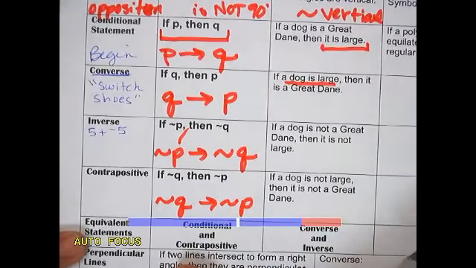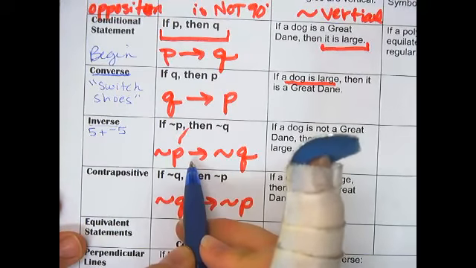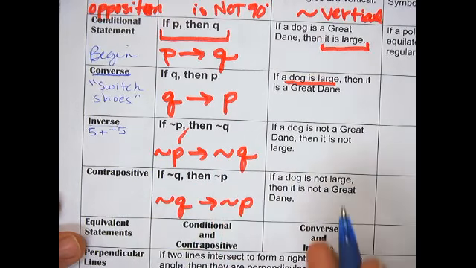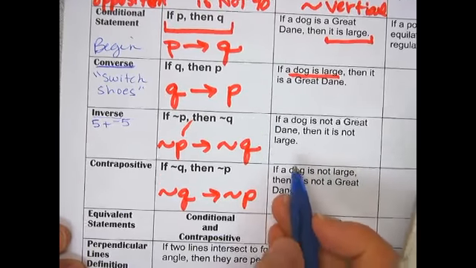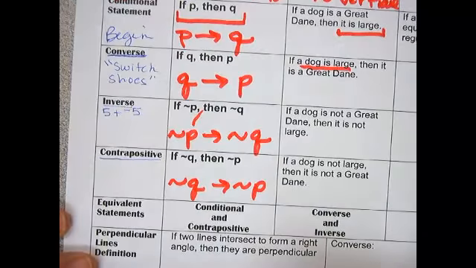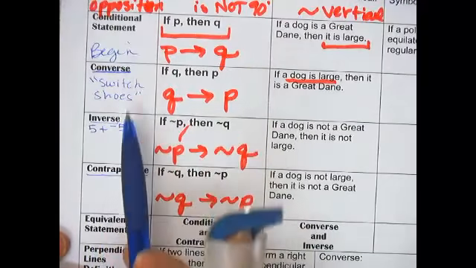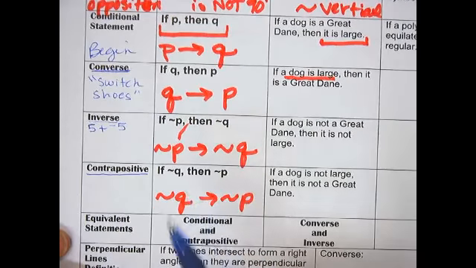Okay. Inverse, if you think about inverse, think about when we talk about additive inverses. Isn't 5 plus -5 additive inverses? So when you think about the word inverse, if you can think opposite, so the inverse becomes not P, not Q. So that's the trick for remembering that.